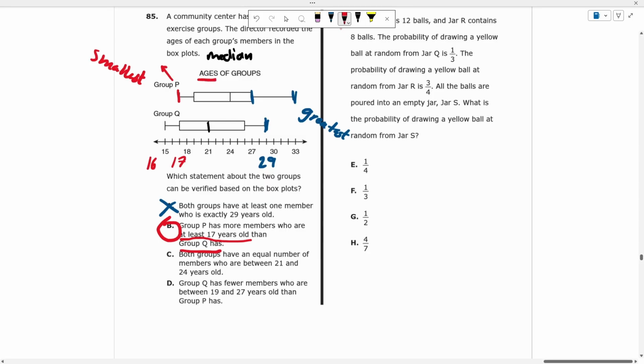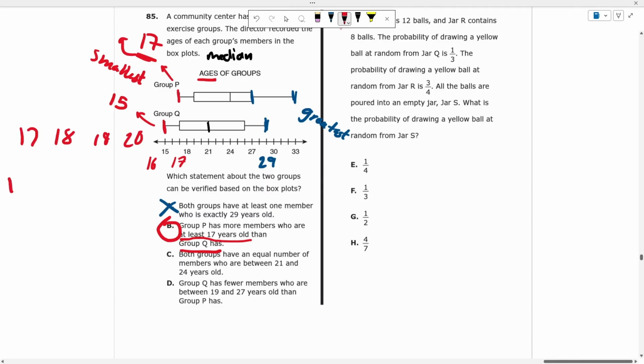So the youngest someone is in group P is 17. The youngest that someone is in group Q is 15. So that means that group P needs to have more members that are at least 17 years old because they have no one that is younger than 17. They need to have more than group Q, because group Q has someone who's 15 years old. So group P could have like 17, 18, 19, 20, right?